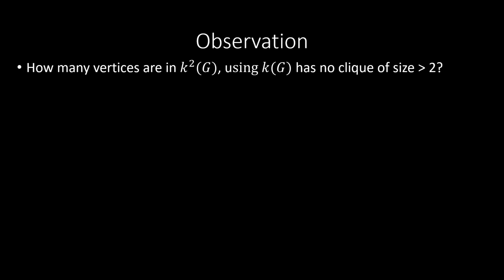This fact helps us to make a formula for the number of vertices and edges in iterated simplex graphs. Observe that if we take the simplex of a simplex graph, we would have as many vertices as there are cliques in the first simplex graph. So how many cliques are in the first simplex graph?